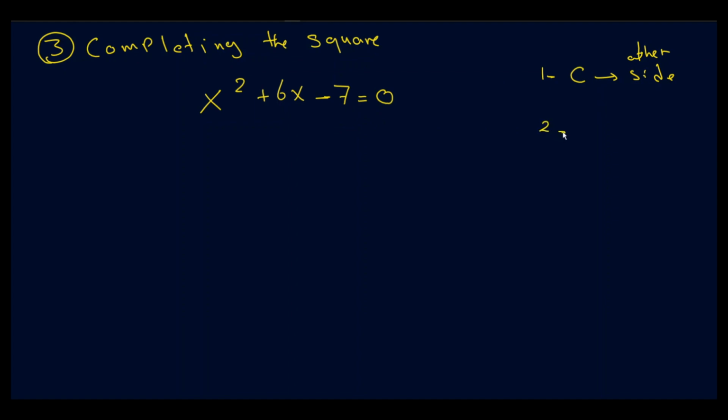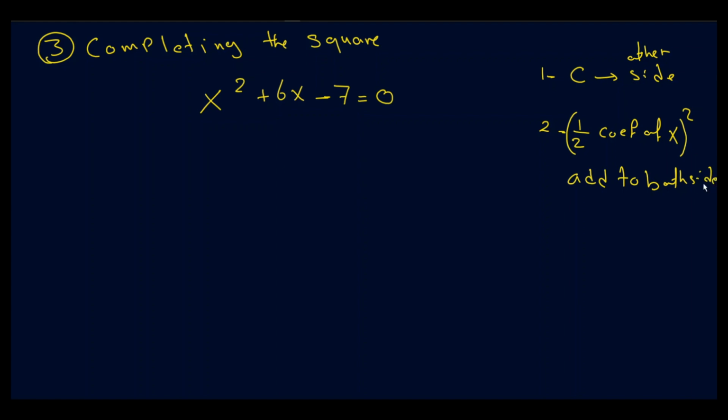Number 2, after you isolate c, you're gonna take half of the coefficient of x. Okay, then square this, then add it to both sides.